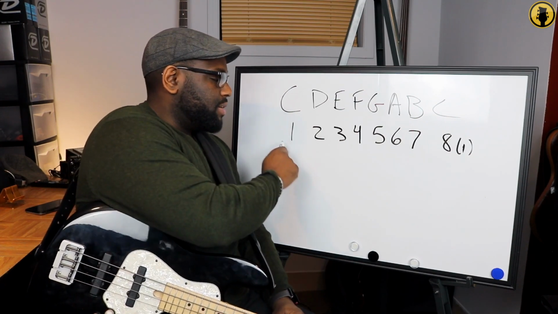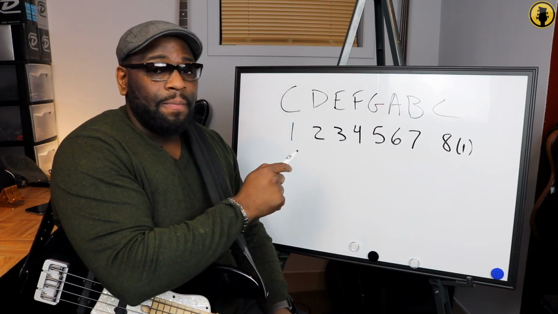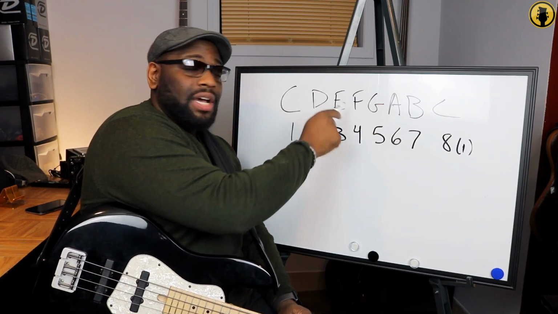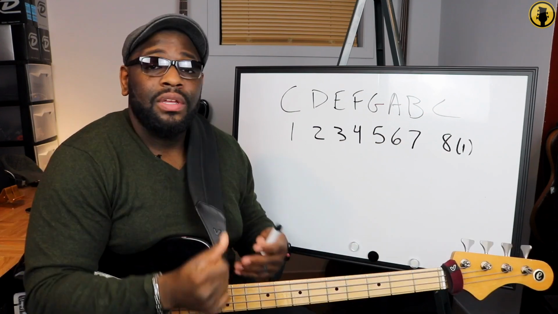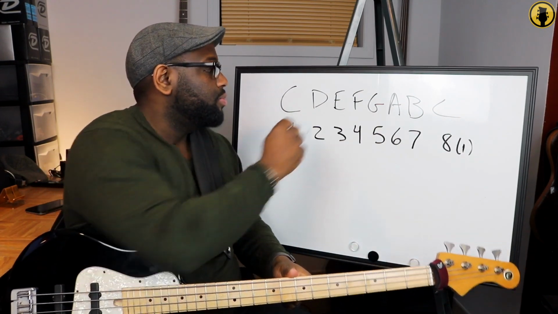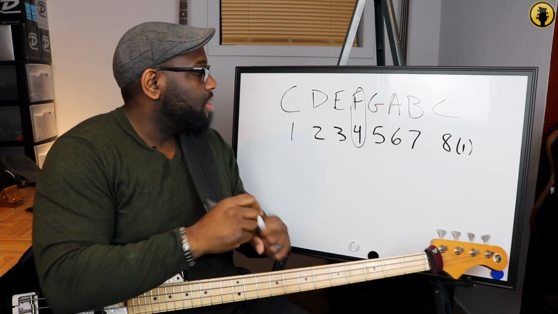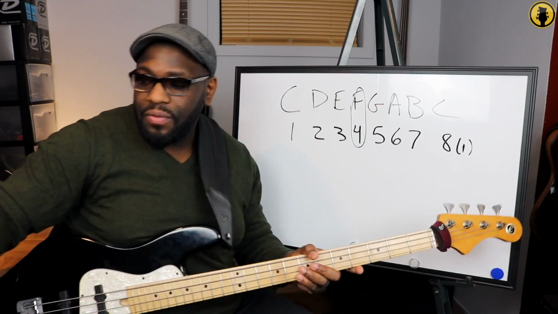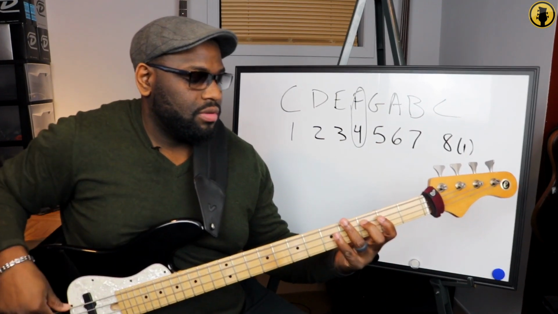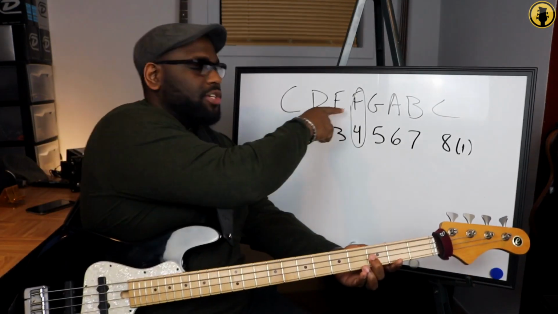The number system is simply numbering the notes of the scale. That's all it is. So say, for instance, somebody says, play the fourth note of the scale. Boom. 4, F. Count up 4 from that scale that we've already learned. 2, 3, 4. And that's your F.